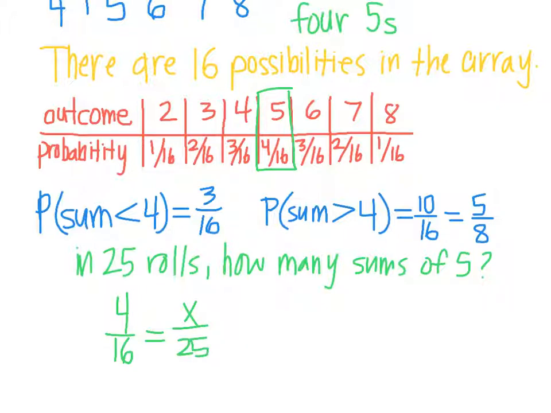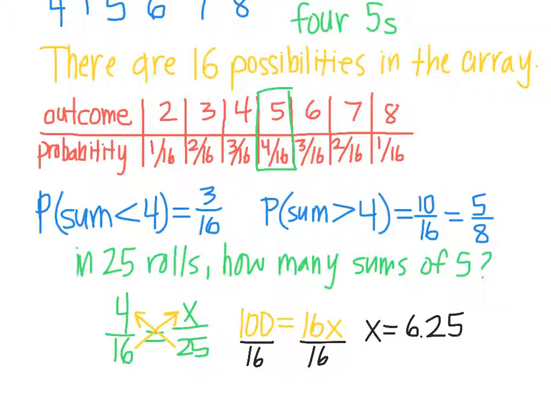Now if I had chosen 32, that would be a simple scaling. Well, in this case, we're going to need to cross multiply. 4 times 25, that's easy, that's 100. And then 16 times x is 16x. And then, of course, we need to isolate x by undoing the multiplication by 16. And 100 divided by 16 equals 6.25. Since I can't say that 6.25 times I would roll a sum of 5, I would go with approximately 6 times.